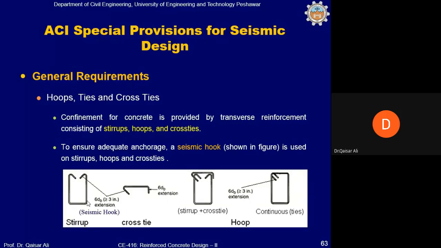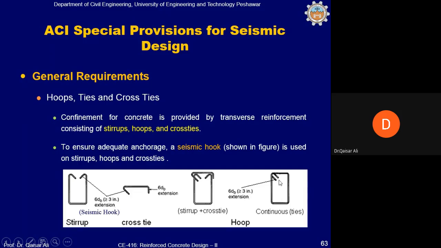Okay, a seismic hook is a hook which is the turning around of the ends and start of the bars at an angle of 135 degrees. The reason for this is when they are turned around to the internal side of the tie, you know that there will be concrete here, and there will be some connection made between this extended length of the seismic hook and the concrete.